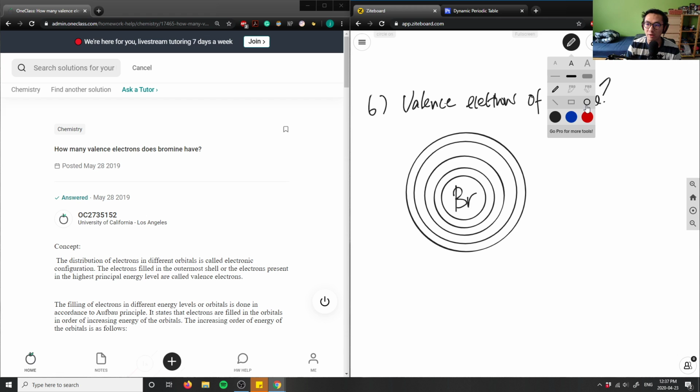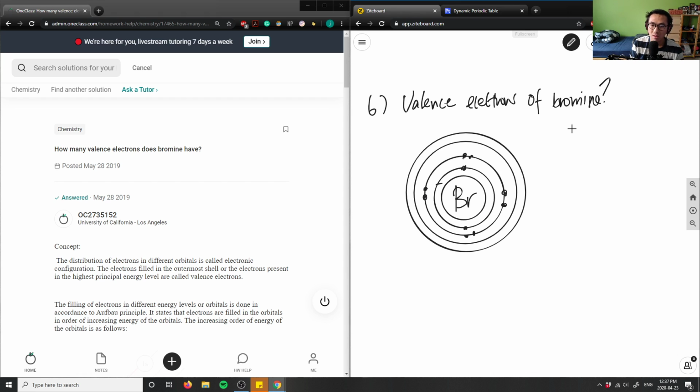So this here is our very, very big Bohr-Rutherford diagram. Again, our first shell contains 2 electrons. The next shell has 1, 2, 3, 4, 5, 6, 7, 8.